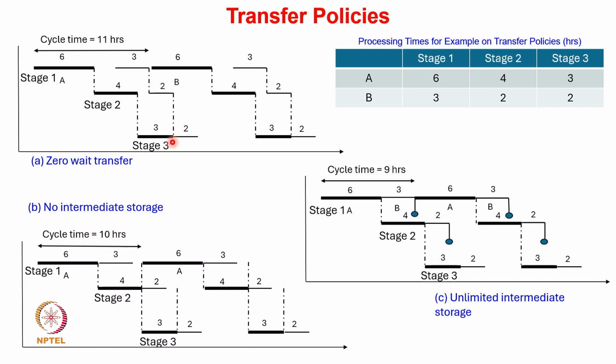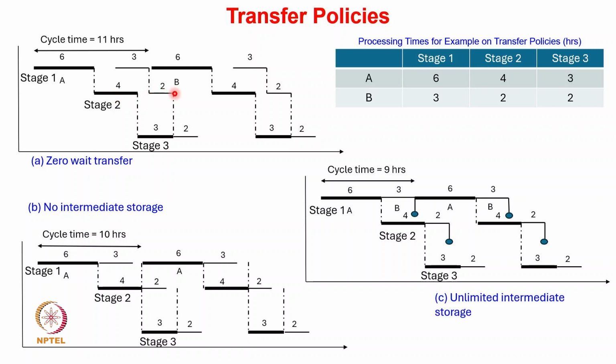Similarly, now I can start my second product, product B, only if there is no wait for the stages, isn't it? There is no wait for the different batches. So in this case, I can start only after some time here. Then after 3 hours it will be completed in stage 1. Once it is completed in stage 1, it goes to stage 2. By this time you can see that stage 2 is still available.